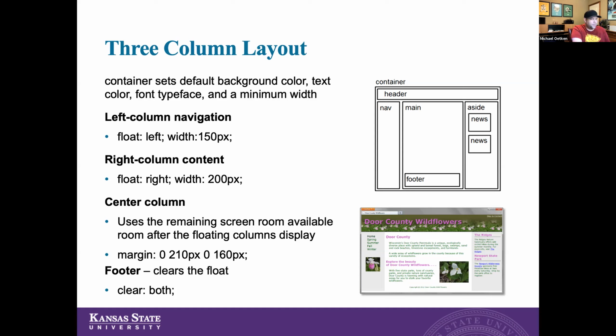And then a lot of times we'll set up our footer and we'll use that float clear code. Okay, so we'll use that clear both. So it basically ignores those floats that we've had set up on our side sections.